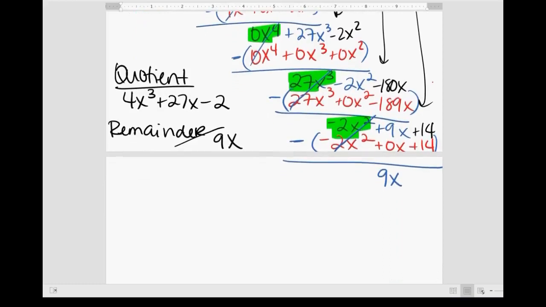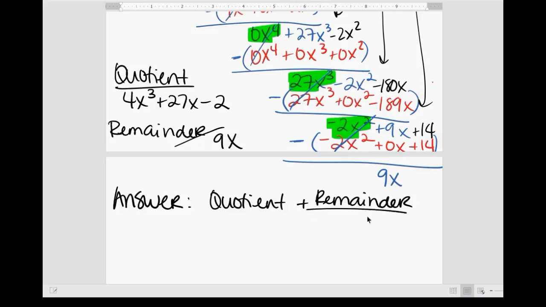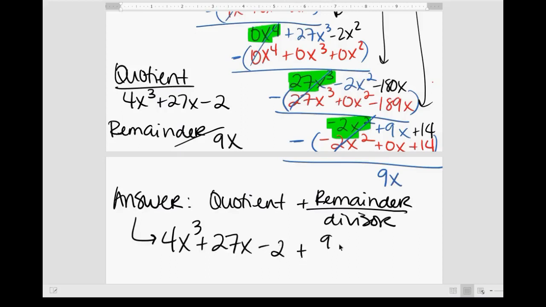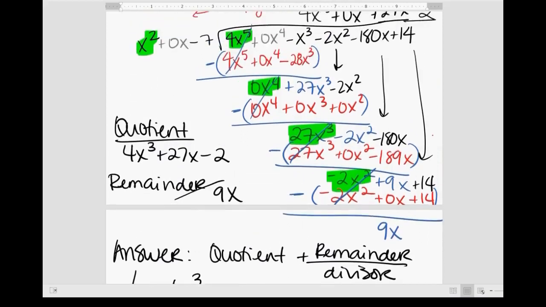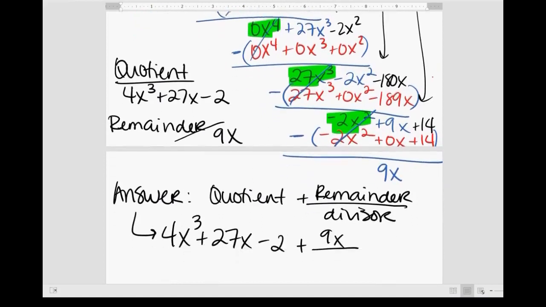Then another way you could write that is that the answer is the quotient plus the remainder over the divisor. So for this problem, the answer would be 4x cubed plus 27x minus 2 plus 9x over, I don't remember what the divisor was, x squared minus 7.